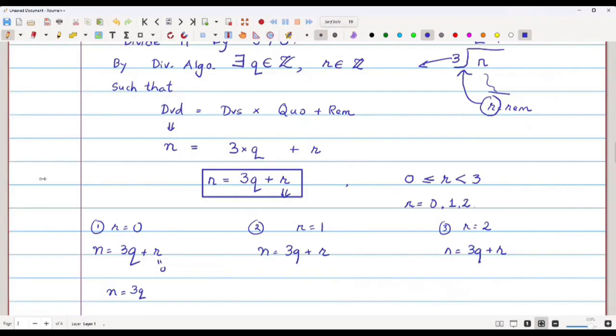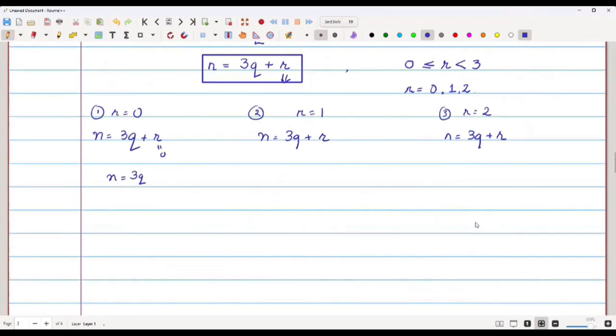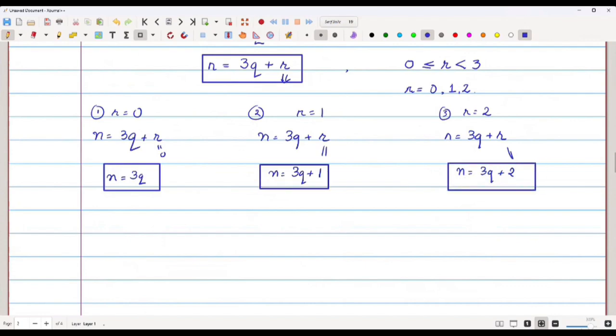And the next part, r is 1 means n is equal to 3q plus 1, and n is equal to 3q plus 2 because the value of r is equal to 2, right? So we are getting 3 different possibilities of n. This n is 3q, or n is 3q plus 1, or n is 3q plus 2, right?